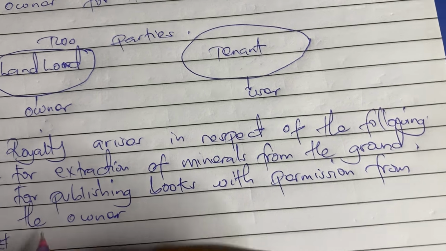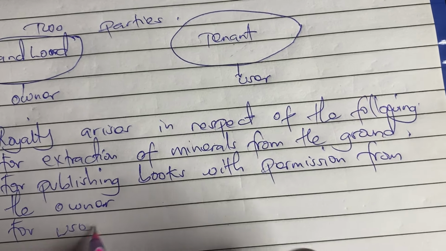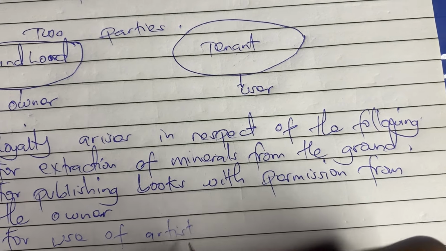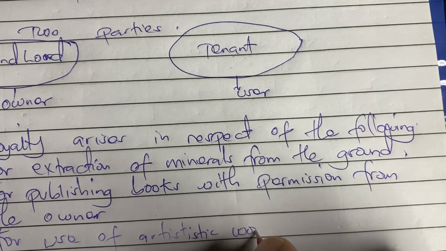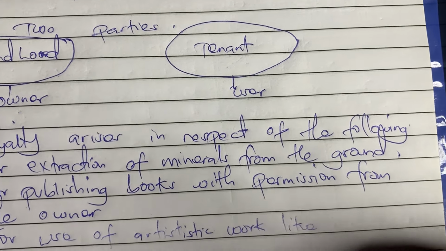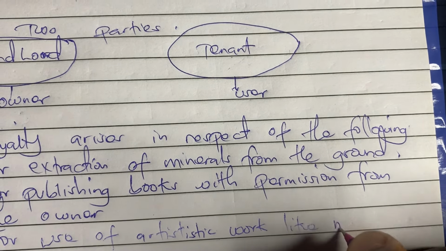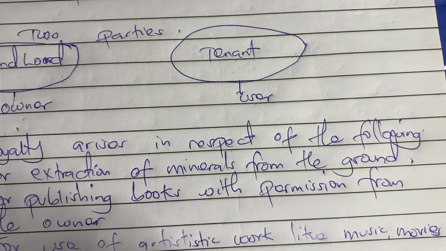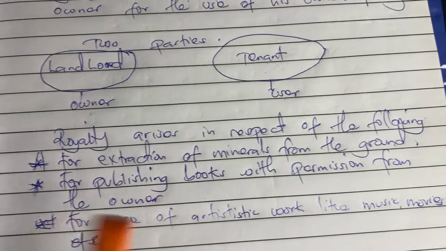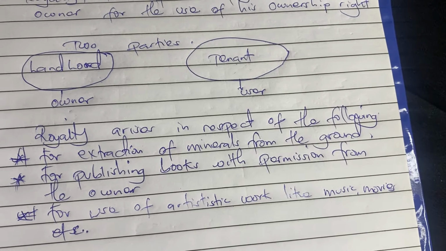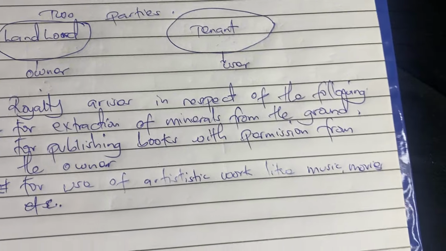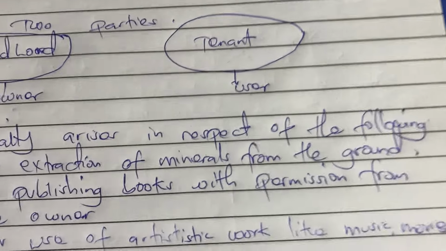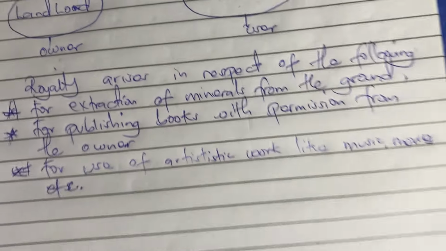Another circumstance we have is for use of artistic work, like music, movies, etc. So these are some of the circumstances that bring about royalty: extraction of minerals from the ground, publishing books with permission of the owner, then the use of artistic work like music.